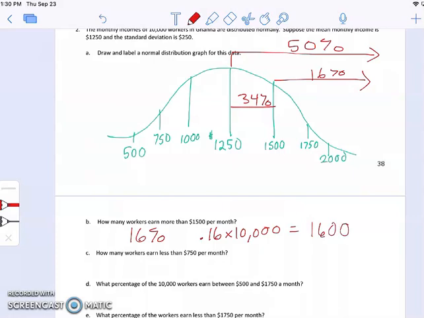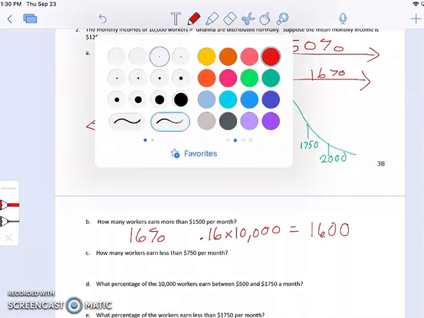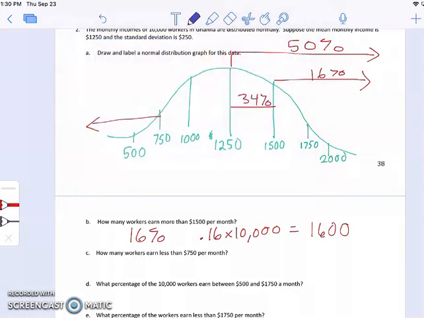How many earn less than 750? So here on down. How are we going to figure out that percentage? There are different ways we could go about doing it. I'm going to highlight a different color here. We know this is within 2 standard deviations, and we said 95% is within 2.